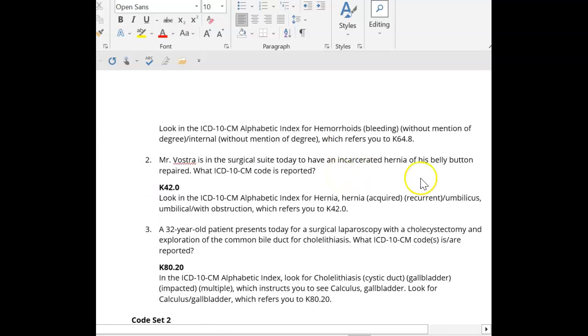Number two, with this one, I had a question on this one too. Mr. Vostra in the surgical suite today to have an incarcerated hernia of his belly button repaired. What is the ICD-10 code reported? So you're going to look under hernia, acquired, umbilical with obstruction.